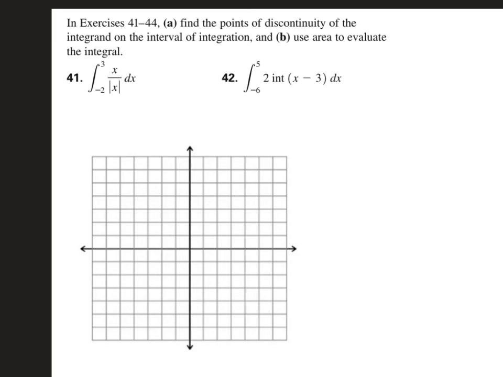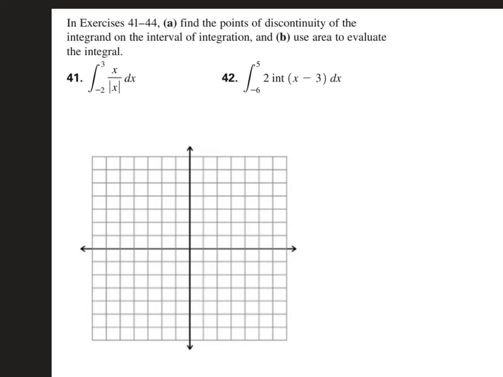If they have a hole or a jump discontinuity, it doesn't matter. We won't find integrals of functions that have asymptotes. That's next year. But really, you can take the integral even if the function has a discontinuity.